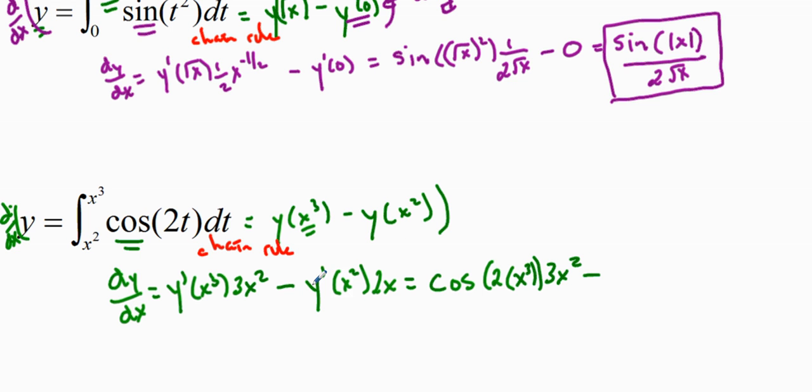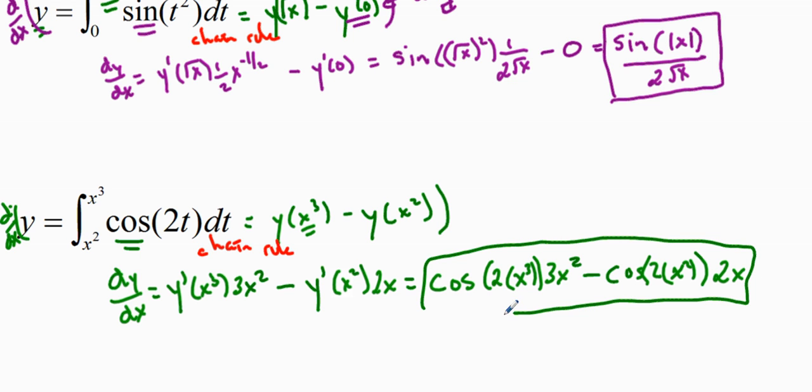Y prime, remember the derivative of the antiderivative equals the function that you just integrated. All right, so it's going to be cosine of 2 times what is inside there, x squared, times 2x. Probably factor out if we wanted to the 2x or x actually. Well, we'll just leave it like that. And that's our answer.